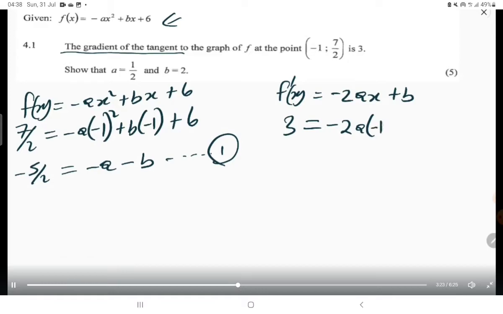Then we have negative 1, then plus b. So solving for b, you will see that b is equal to 3 minus 2a. So you can see that this is the simple equation number 2.